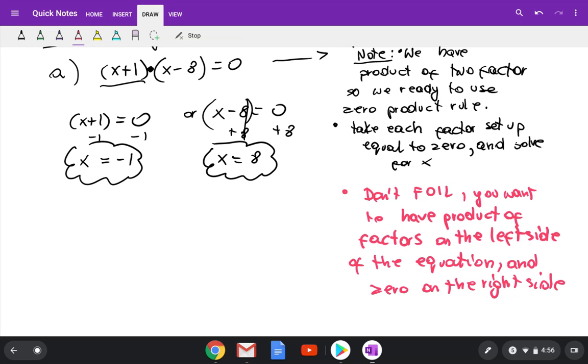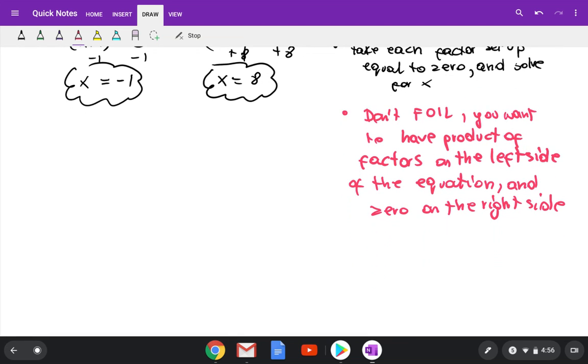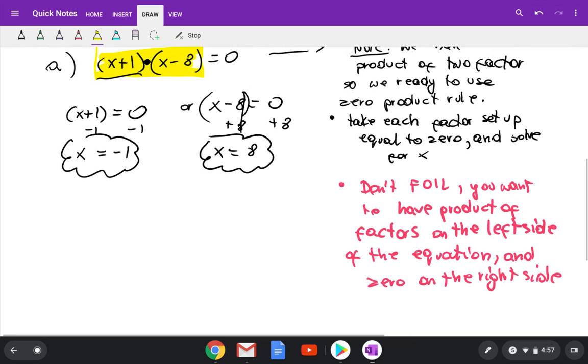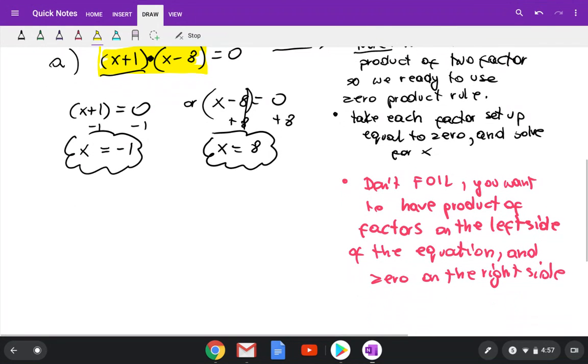So if you FOIL, you end up with a quadratic equation, and again, you have to use the AC method to get to this, which is x plus 1 times x minus 8 equals 0. Again, we always want to have what I just gave you guys. You always want to have a product of factors.